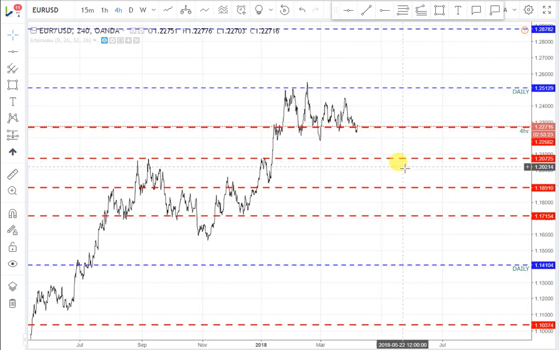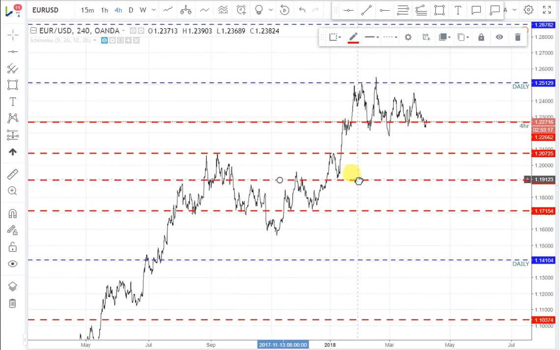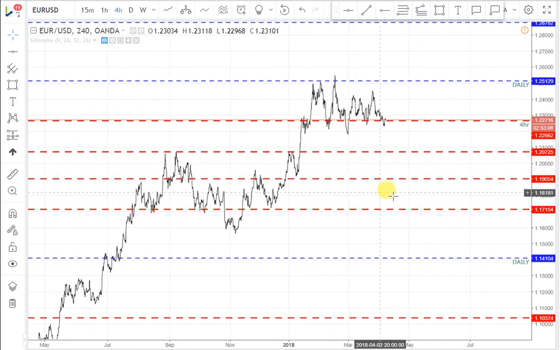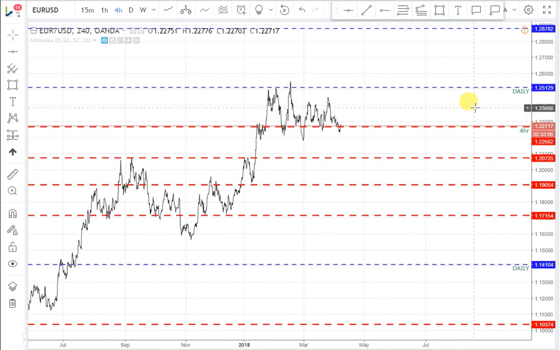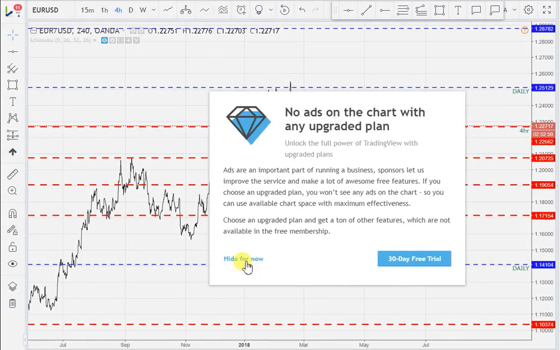So a lot of those, especially if those are coinciding with past support and resistance levels that are pretty consistently changing direction around those levels. So always keep an eye out for those. I don't normally draw those at each of those levels just because then you got even more lines on your chart. It can make it a little bit more confusing.